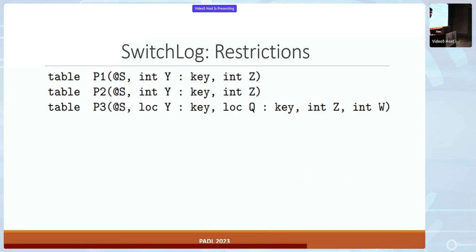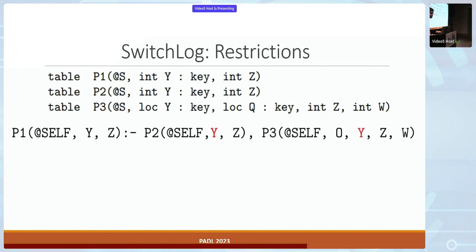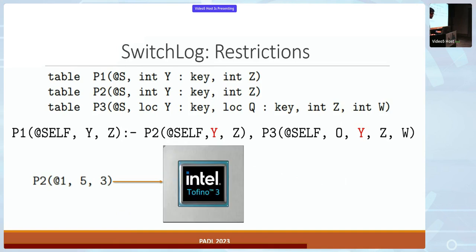And now consider this example. You have P1 self Y Z, P2 self Y Z as before, and now P3 is self O Y Z W. And you receive the same predicate, P2 at 153 on our switch. Now we know Y and we know self. The only thing we don't know is O. Sorry, it should be P2, because you want to derive P1 given P2.